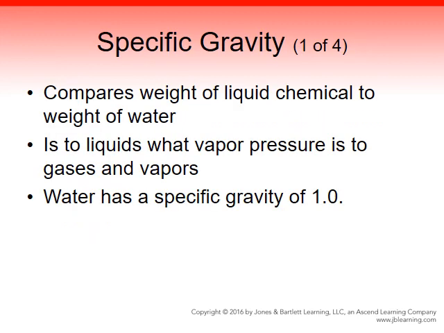Now on the flip side, when we're talking about water, it's kind of similar, and that is referred to as specific gravity. This compares the weight of a liquid chemical to the weight of water. If water has a specific gravity of 1, anything heavier than 1 will sink and go underneath the water, and anything lighter will float on top.